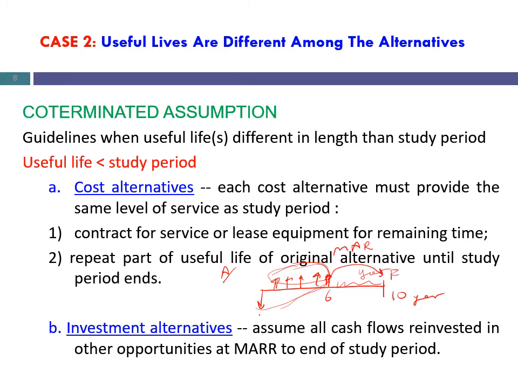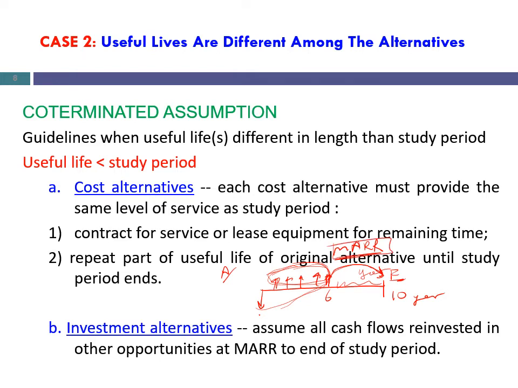Okay, this is the first assumption. So any revenues that we earn from the project, we can assume that we can reinvest them using this MARR, so that if we want to find their value at a future time, we use MARR as the interest rate.